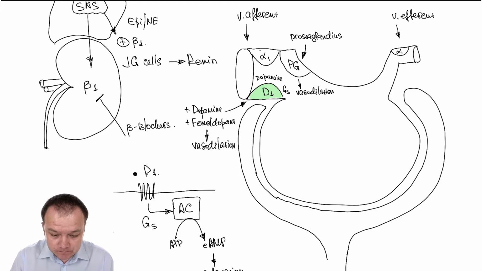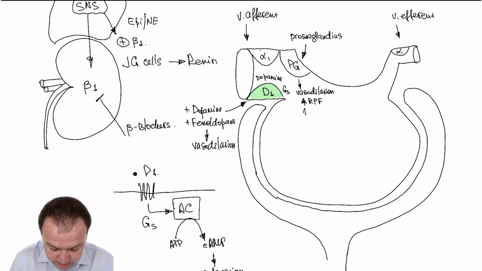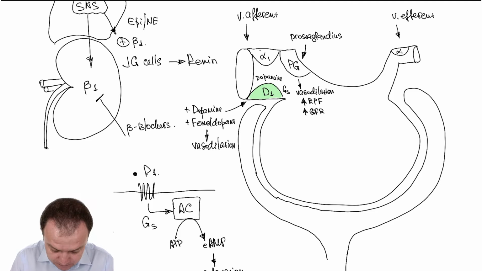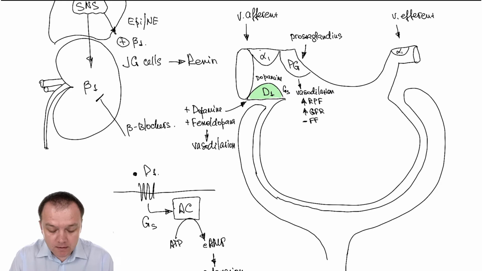So prostaglandins increase renal plasma flow, because they dilate vas afferent, and as a result they increase GFR, glomerular filtration rate, with no significant changes in filtration fraction, because both renal plasma flow and GFR are rising.